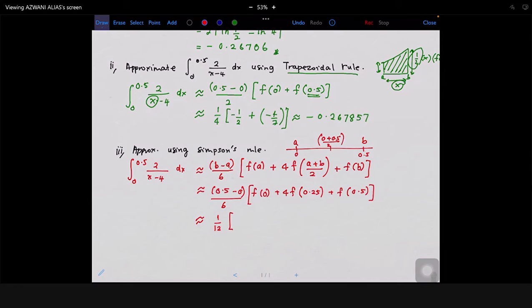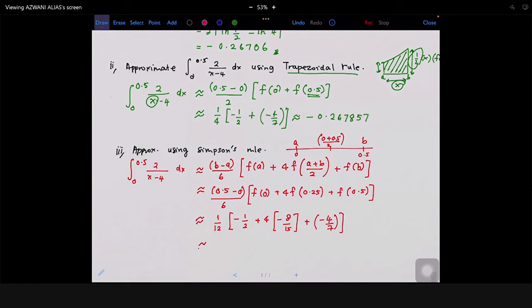F naught negative half plus 4 F pada X 0.25 ganti nilai, negatif 8/15 plus F pada 0.5, negatif 47.